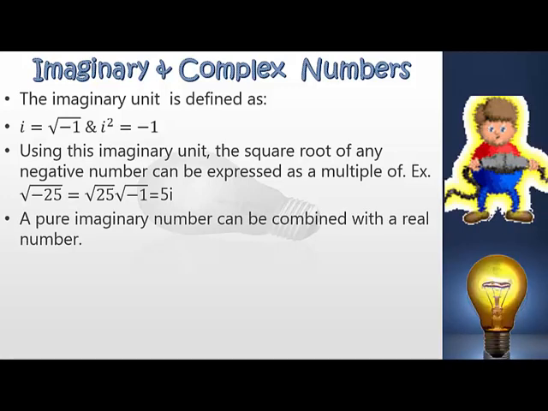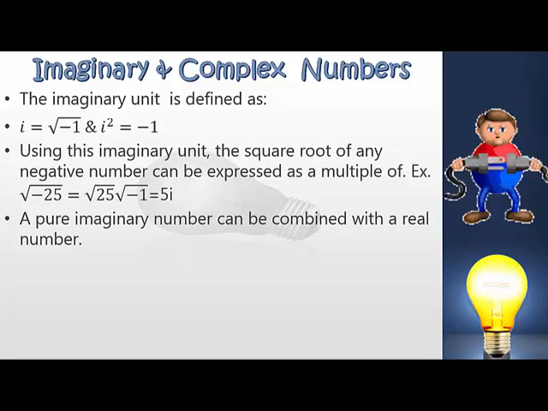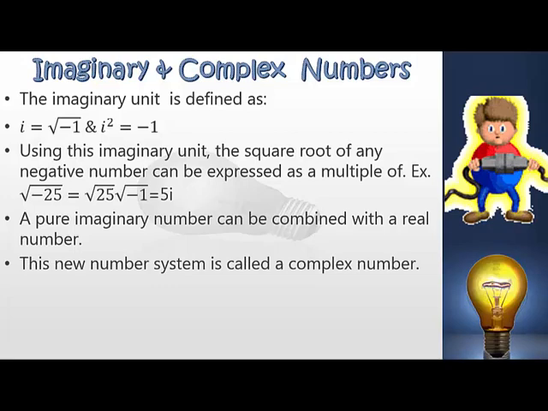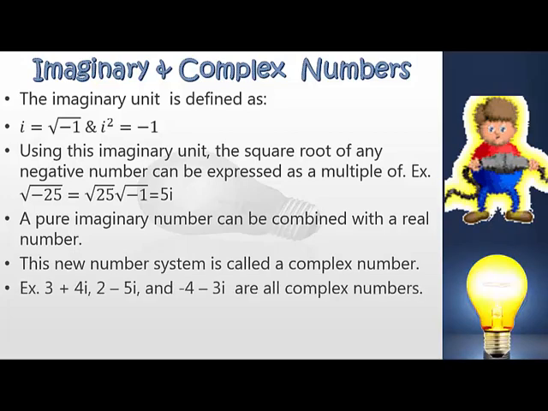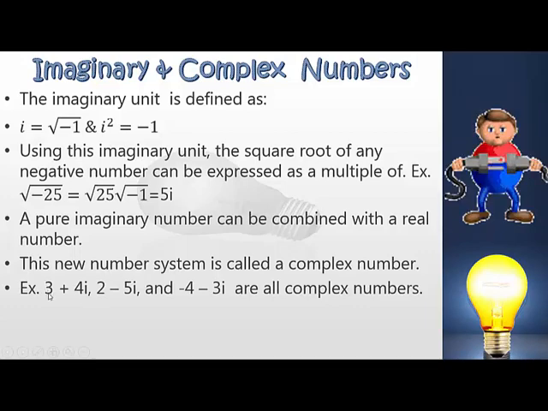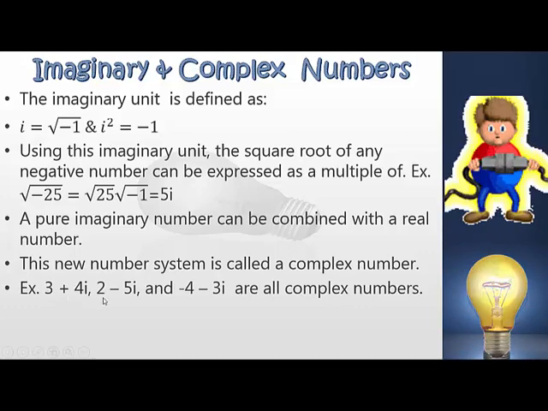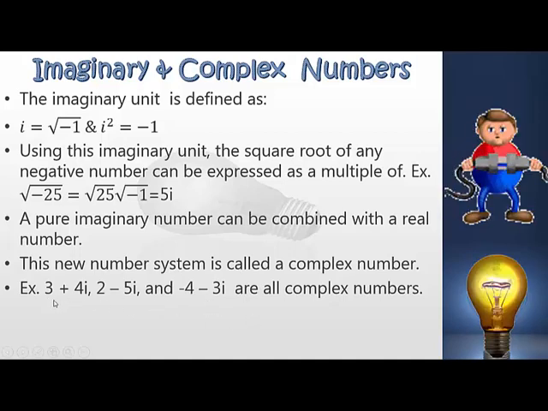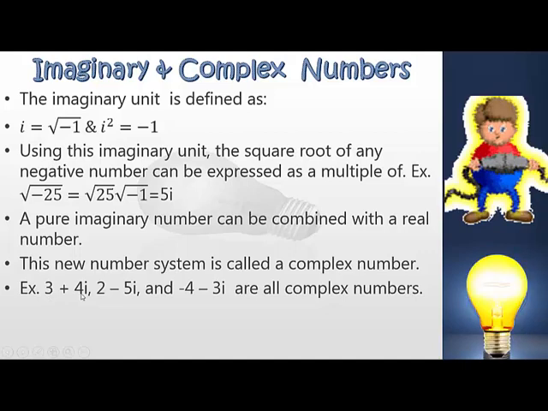So a purely imaginary number can also be combined with a real number to form what is called a complex number. And this is what happens. For example, if you see something that looks like 3 plus 4i, or 2 minus 5i, or -4 minus 3i, this is the real part where the 3 is, and this is called the imaginary part where the 4i is.